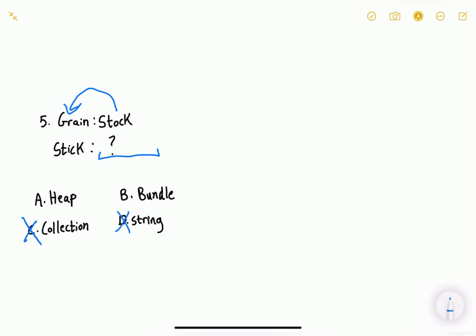And we know it's not heap. Why? Because a heap is a large amount of something, but it's not the best fit. We know that the answer is B. Why? Because bundle, we have a bundle of sticks. That's the best way to describe the relationship, and that's the best way to put it in a sentence rather than a heap of sticks, because a heap of sticks just doesn't sound the best.